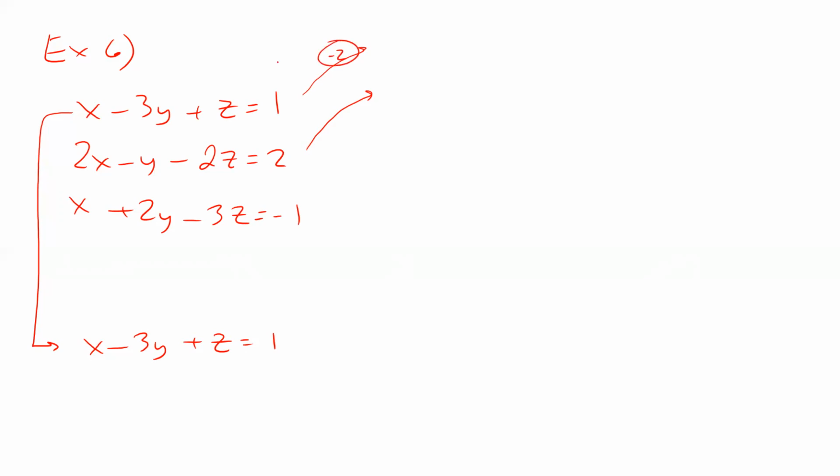That'll create an opposite for the +2 down there. So -2x plus 6y minus 2z is equal to -2. This guy stays the same. Better to multiply just one equation than two.